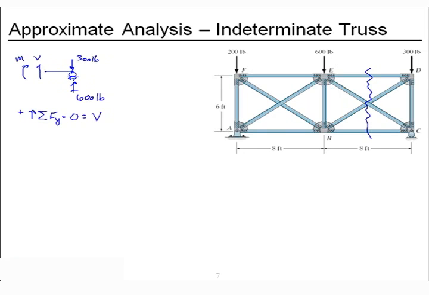We have the shear up, the 300 pounds down, the 600 pounds up. Solving for the unknown shear at the cut, we're going to get a minus 300 pounds this time. So it is not in the direction we drew it. That's okay.